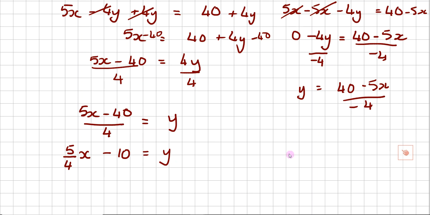Okay, this one would have been 40 divided by negative 4 is negative 10, and negative 5 divided by negative 4 is positive 5 over 4x. Have we got exactly the same thing? We do. Okay.